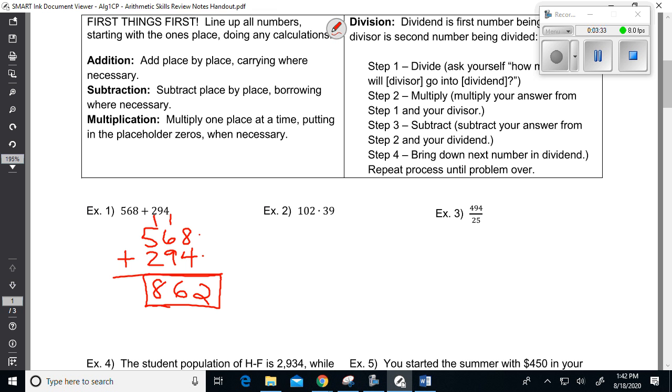Example 2, multiplying. 102 times 39. So 102 times 39, and you do your basic computation. 2 times 9, 18. Bring down the 8, carry the 1. 9 times 0, 0, plus 1, 1. And then 9 times 1, 9.